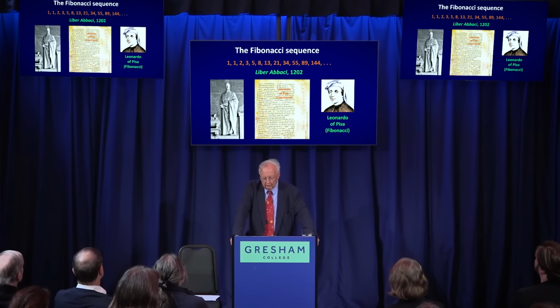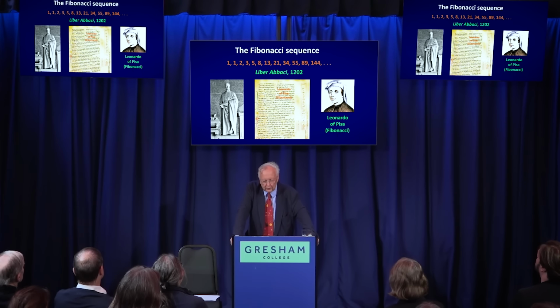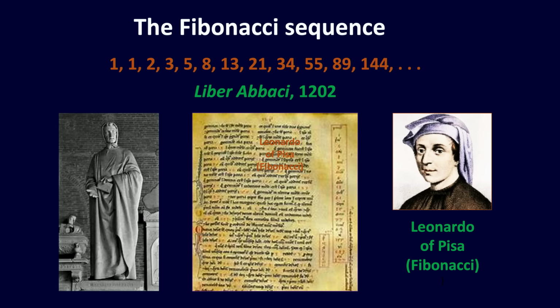Closely related to the golden ratio is the Fibonacci sequence, in which each successive term is the sum of the 2 previous ones. So you can see 13 is 5 plus 8, 21 is 8 plus 13, and so on. Born around the year 1170, Leonardo of Pisa has been known as Fibonacci since the 19th century.